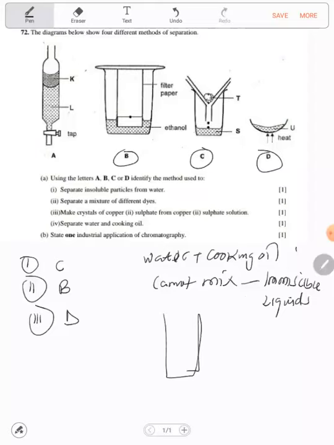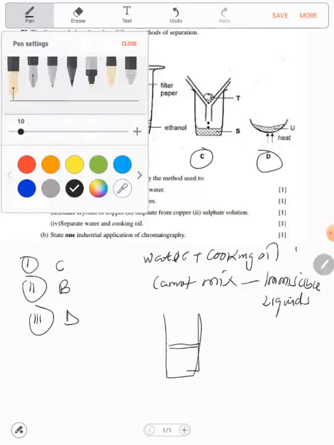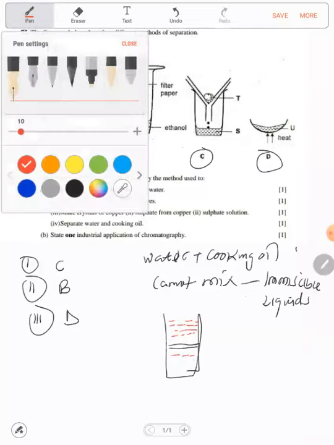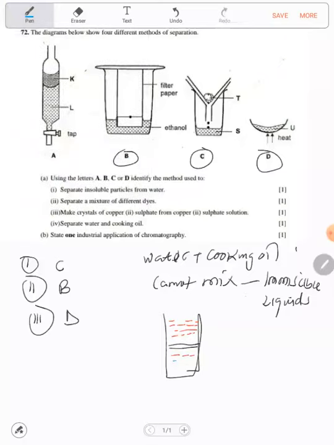Since something which is denser than the other will be down, which one will be up? Let's say this is cooking oil, it's up. Then we have water, H2O here.